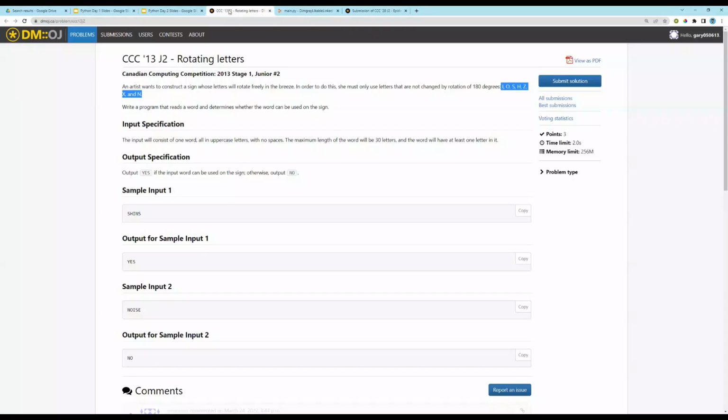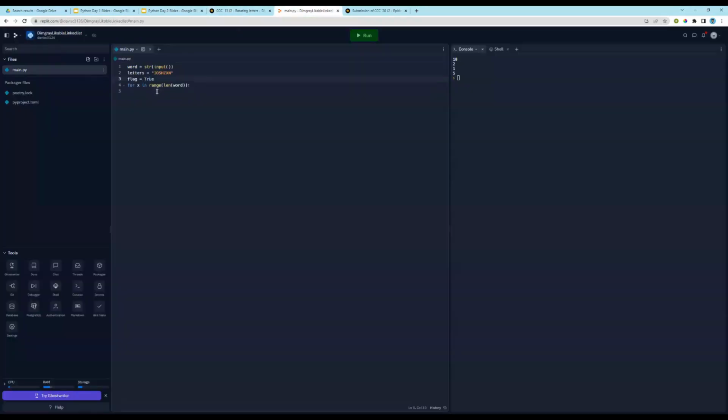Whenever we see a letter that's not flippable, we will change the flag to false to indicate that the word is not flippable. Our logic is pretty simple. If the letter in the word at the index is not in letters, so it's not one of these letters, then we know that it's not flippable, and we set flag equals false.